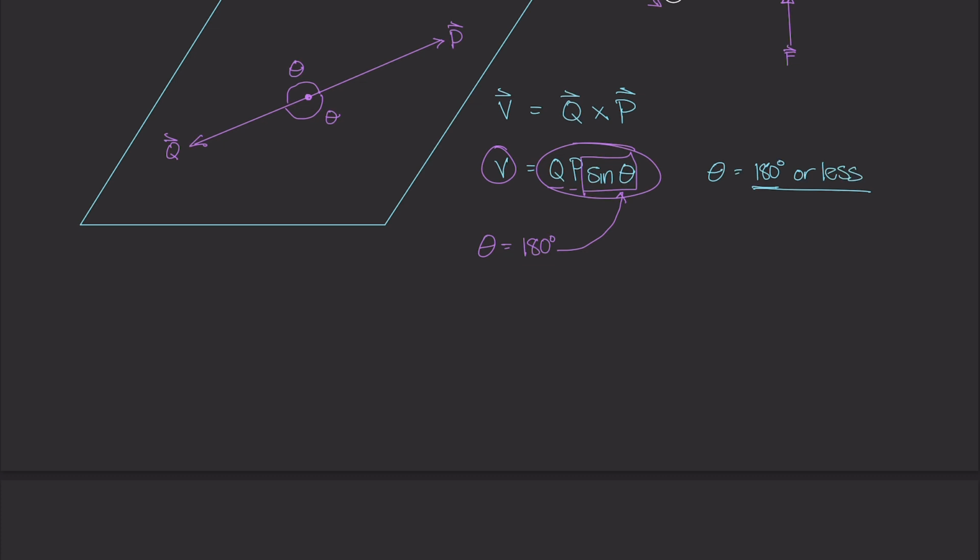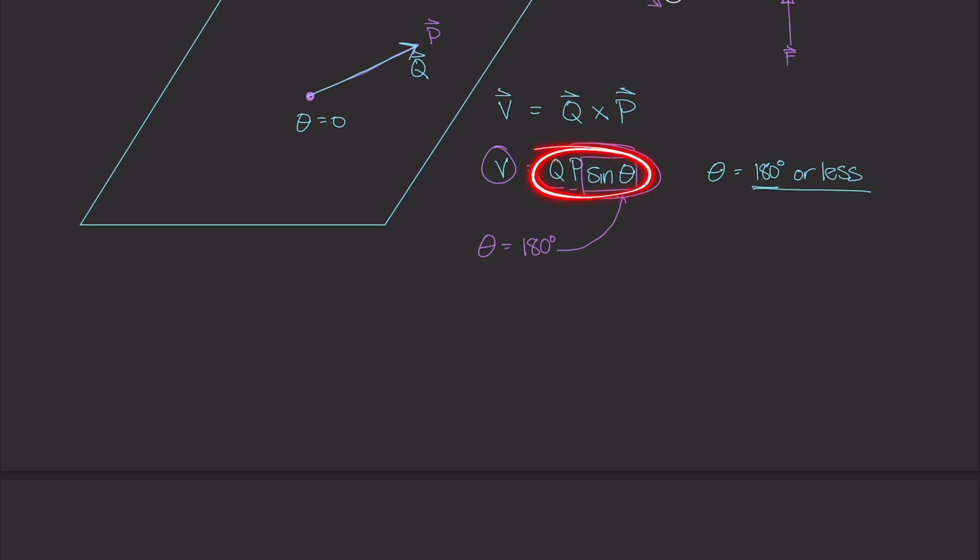Now, the other case is when p and q are in the same exact direction. Let's say this was p right here, and then I'll do it in a different color, blue, q was also along that same line. They could be the same magnitudes or different, but the point is that in this case, theta is equal to 0. If we plug 0 degrees into sine of theta, sine of 0 is also 0.